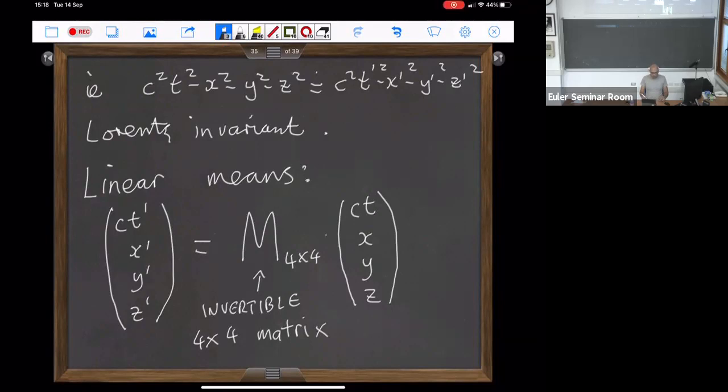So if I just multiply this equation by the inverse of M, I'll get the inverse transformation. And this matrix is defined in such a way that it leaves the quantity c squared, the quantity at the top of the blackboard, invariant.